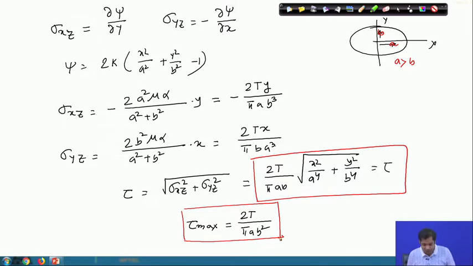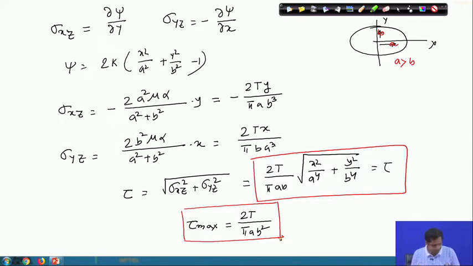So, we have already determined the torque, the angle of twist, and the expression for tau max. What is left is the out of plane displacement. Let us find out the out of plane displacement.